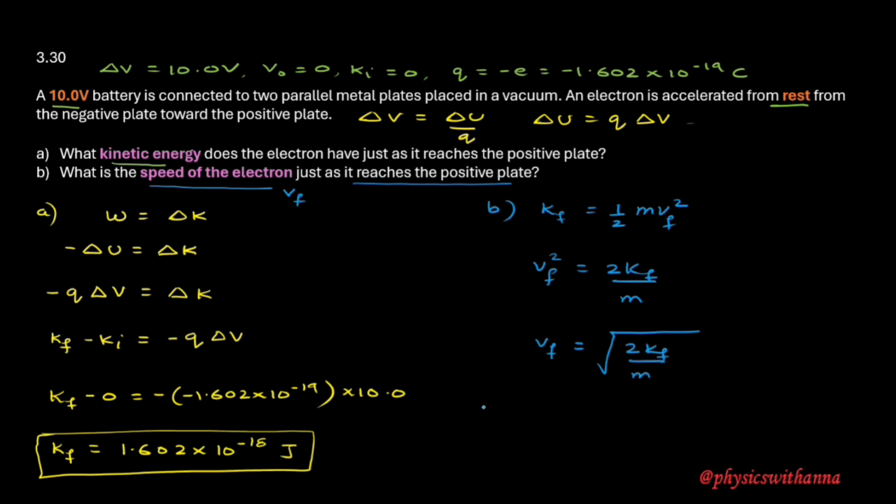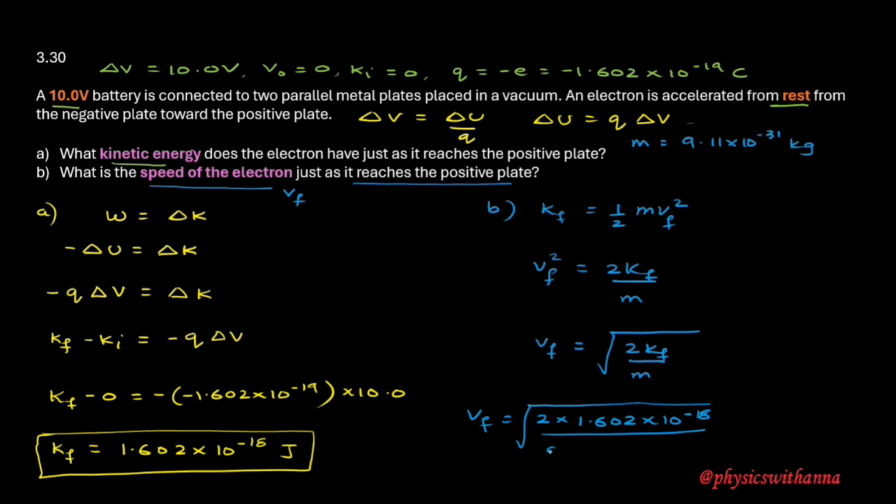Let's substitute the values to find velocity. Square root of 2 times kinetic energy, which is 1.602 times 10 to the power negative 18, over the mass of the electron, which is a constant and is given as 9.11 times 10 to the power negative 31 kilogram.